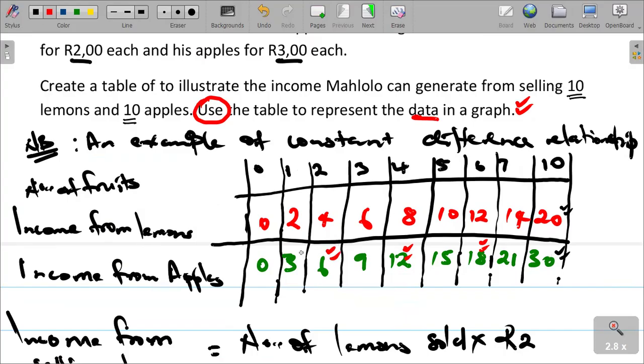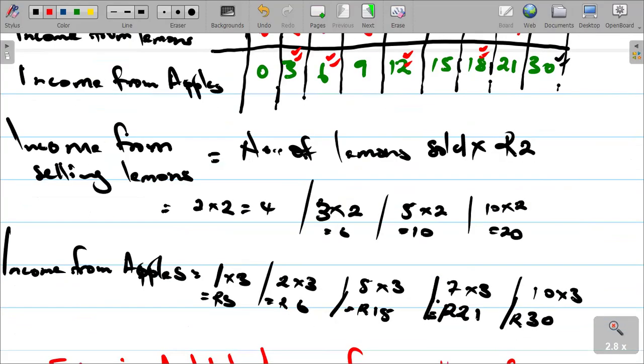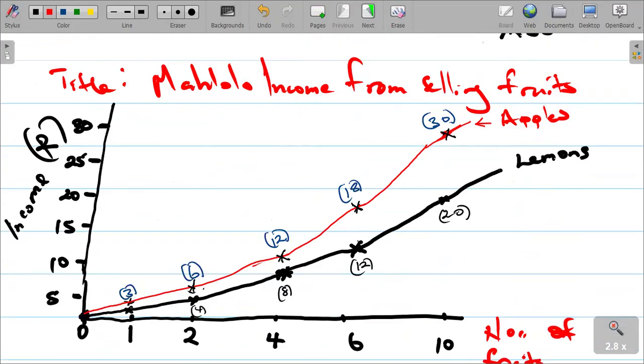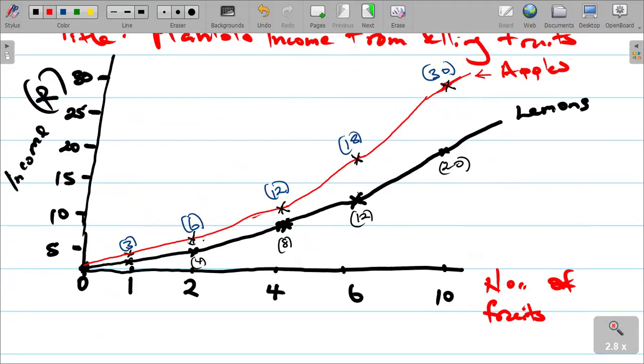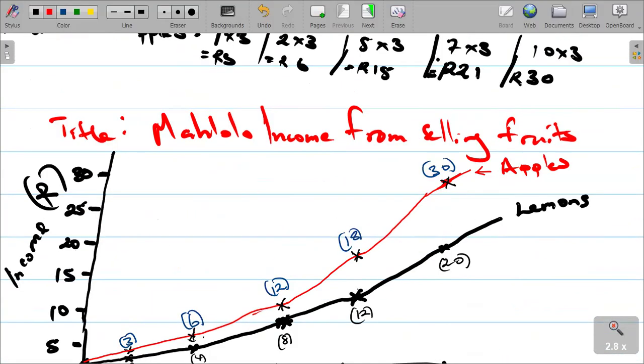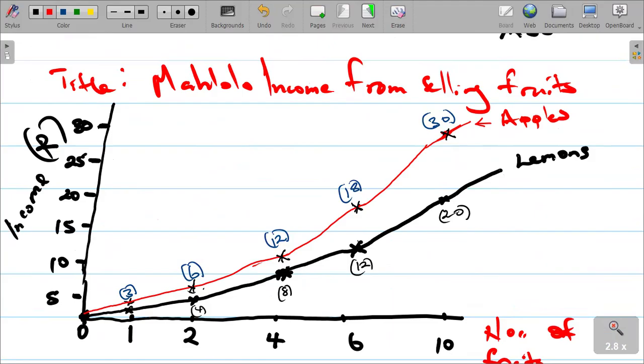This is what is happening with the graph that we have drawn. I just chose some of the numbers, but I did not put every number because I'm trying to save time. That is what happens in these forms of graphs. So let's just go to the next question.